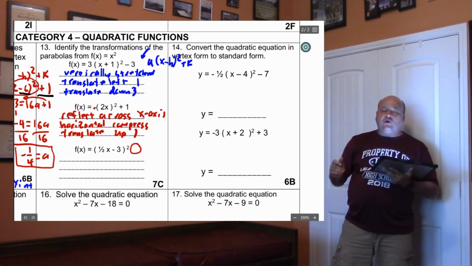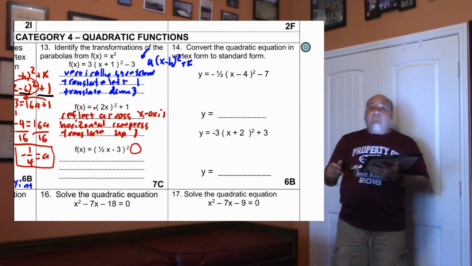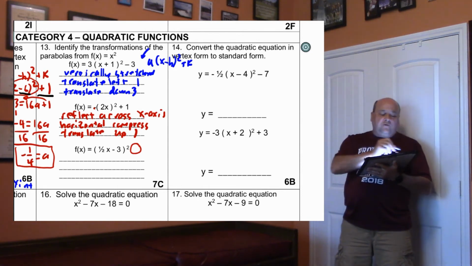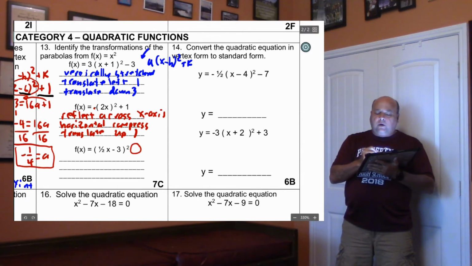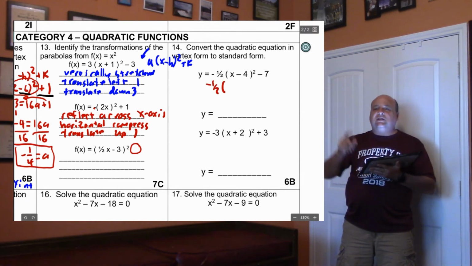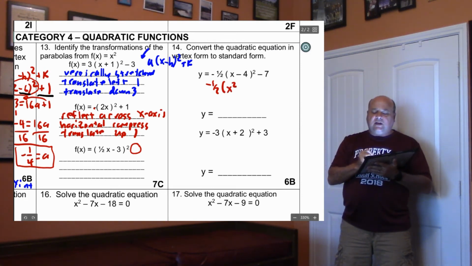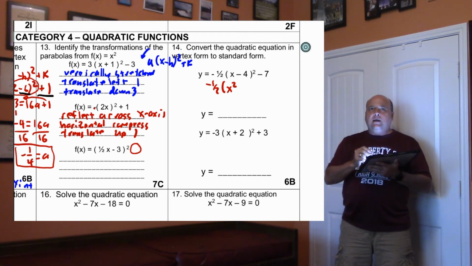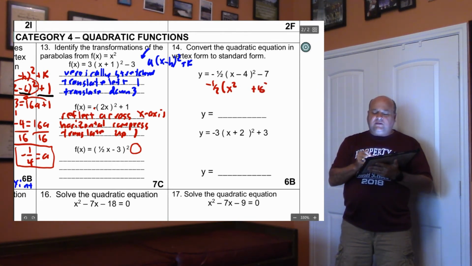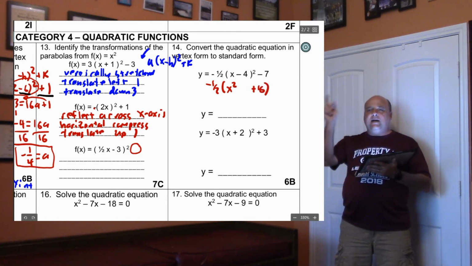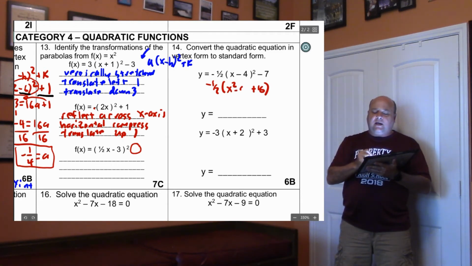Number 14, these aren't easy. We're going to convert vertex to standard. So I'm going to do the first one because it has a fraction. We're going to drop the -1/2 parentheses, and remember, square, square, multiply, double. So x times x is x squared. Skip a spot. -4 times -4 is plus 16. And then multiply -4x, double it, -8x.